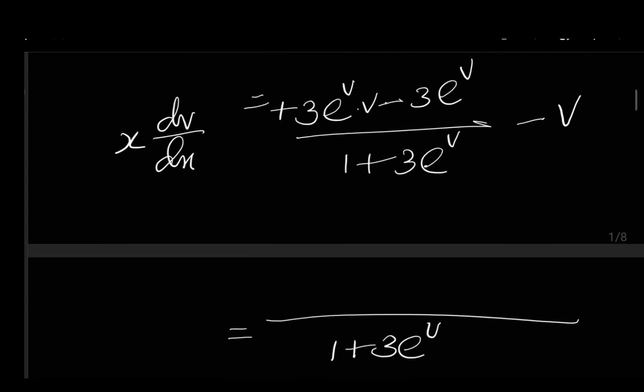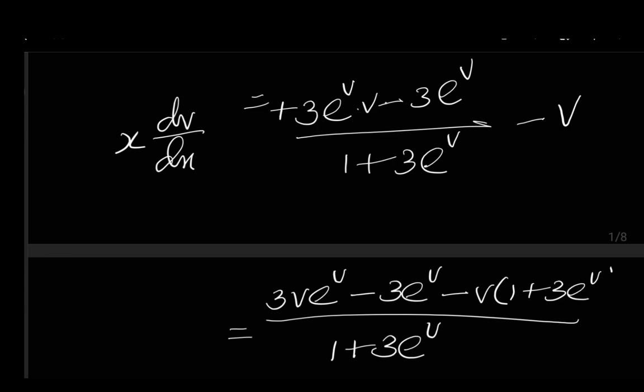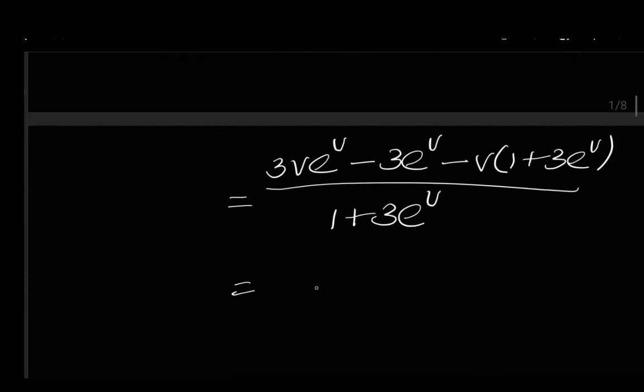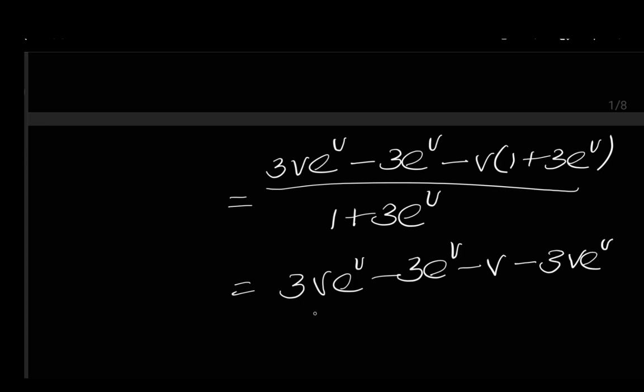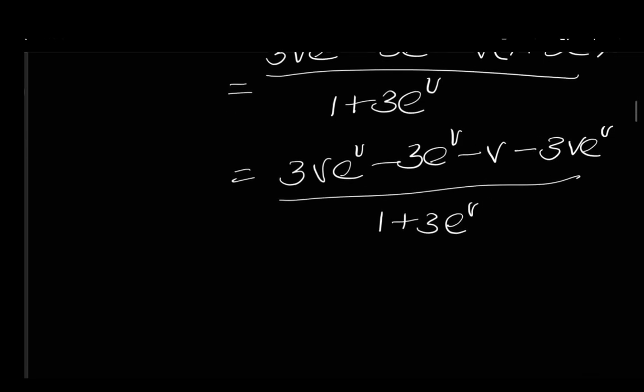So you will get in the numerator this term as it is: 3v e^v minus 3e^v minus v into (1 + 3e^v). Just remove the bracket: 3v e^v minus 3e^v minus v minus 3v e^v, divided by 1 + 3e^v. Same terms with opposite sign, so 3v e^v gets cancelled.